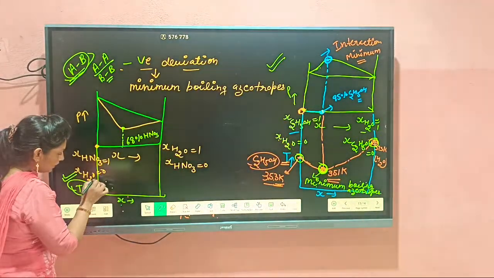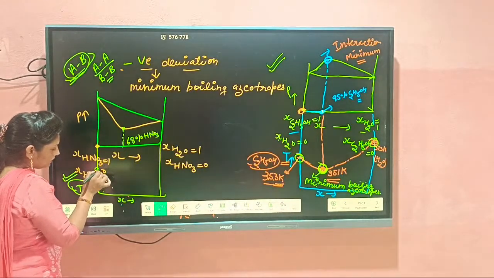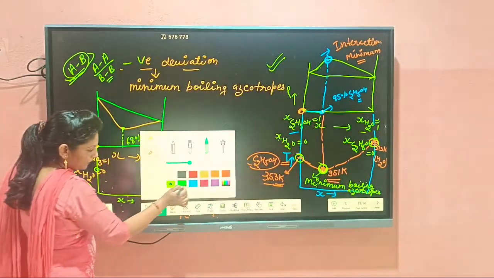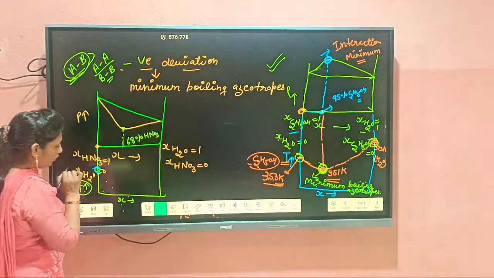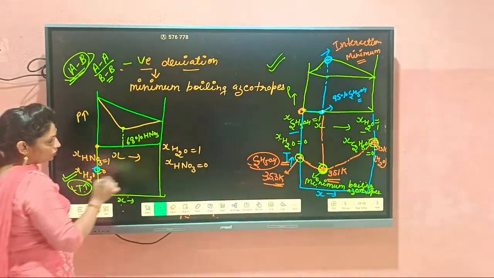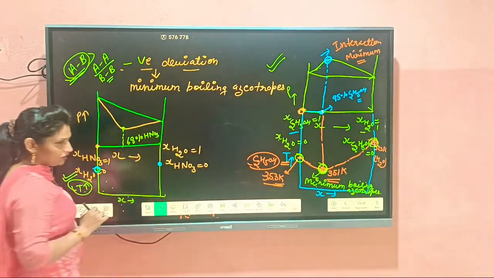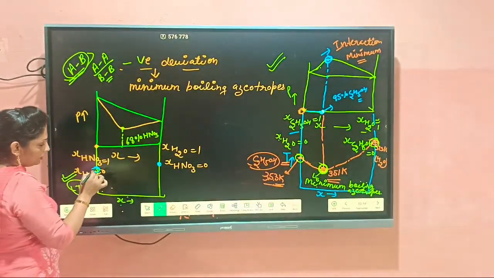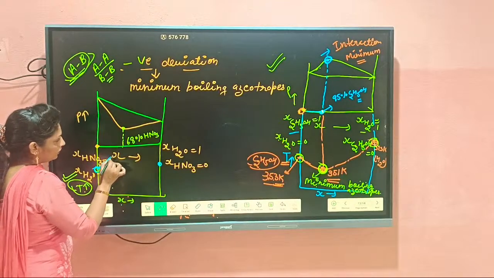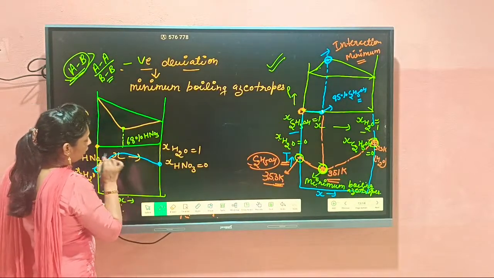Okay, so here let us consider this is the boiling point of the HNO3 and this one is the boiling point of the water. But after mixing, let us consider we are getting this boiling point.